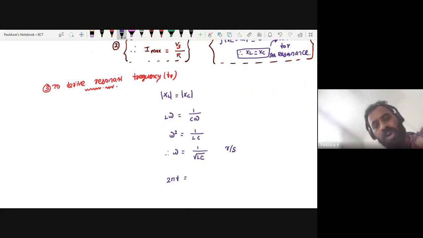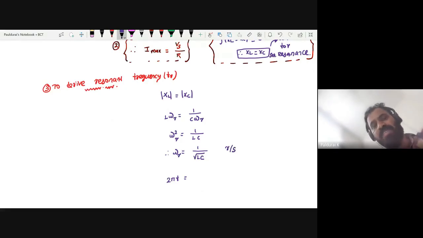Now if XL equal to XC, at that time the frequency is called the resonance frequency. So what is the definition of resonance frequency? At resonance, the frequency is called the resonance frequency. When XL equal to XC, that frequency is called the resonance frequency, right? So omega R equal to 1 divided by square root of LC in radians per second.